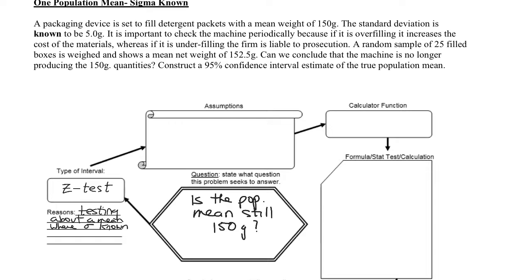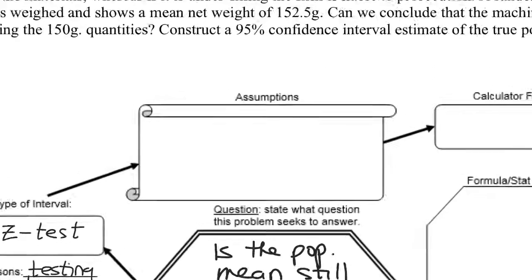A random sample, so we could assume a simple random sample. And we have 25 filled boxes. I'm looking for the words normal distribution. Standard deviation, periodically, cost of materials, etc. I'm not seeing the words standard deviation, normal distribution.